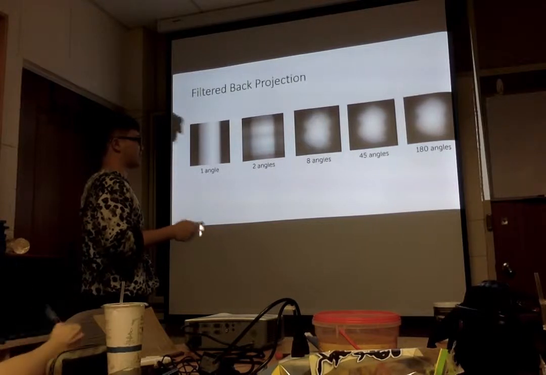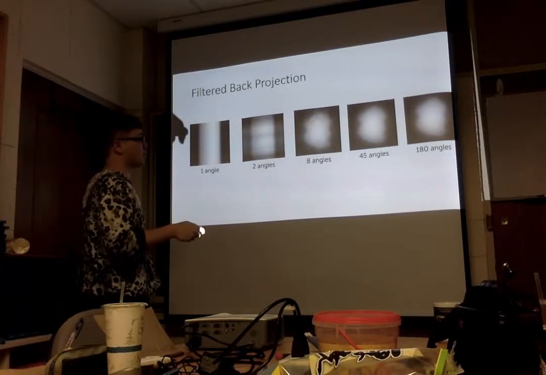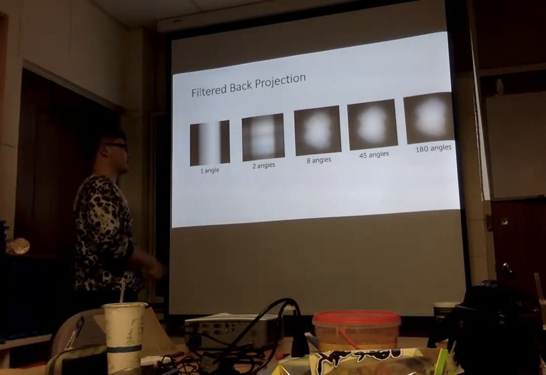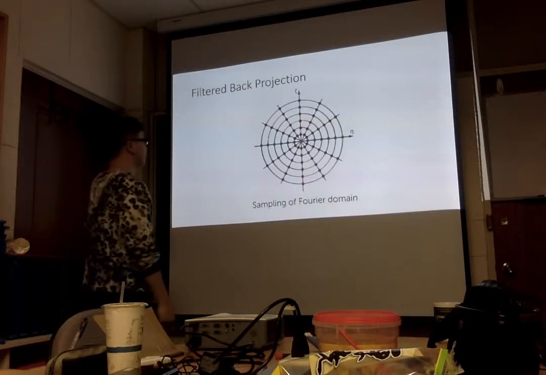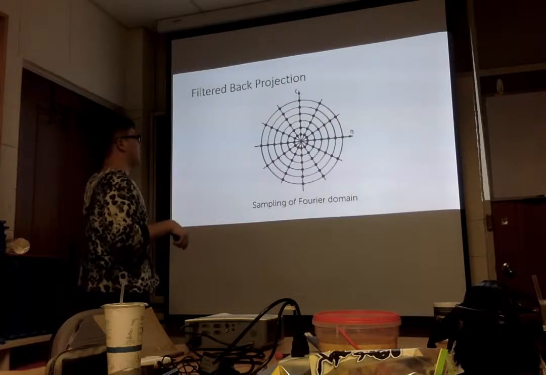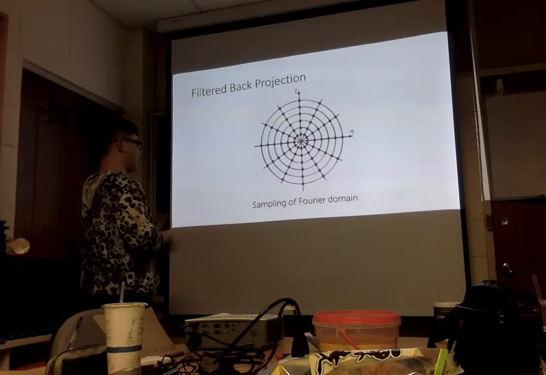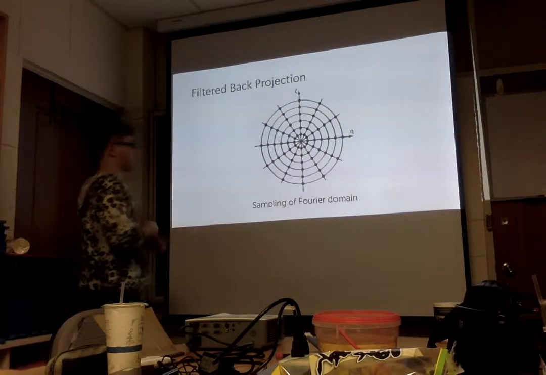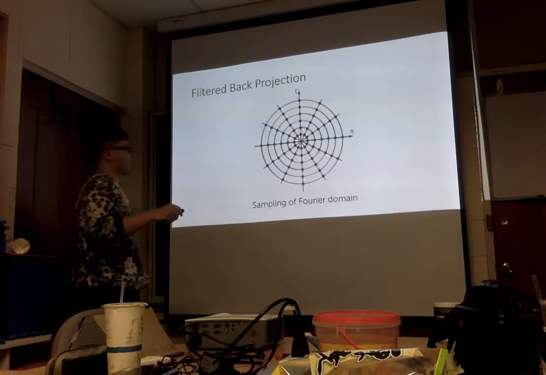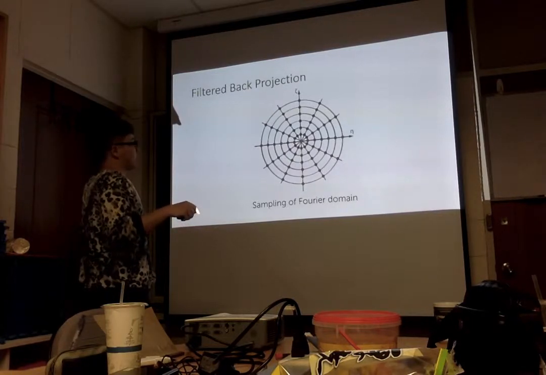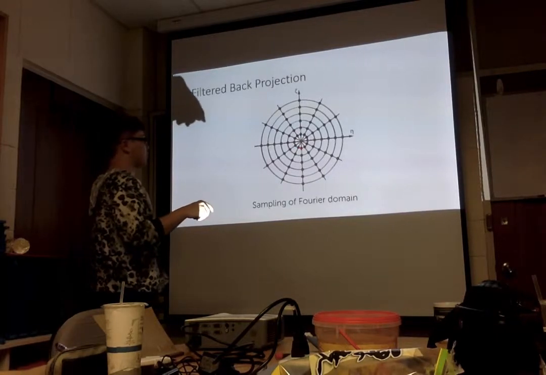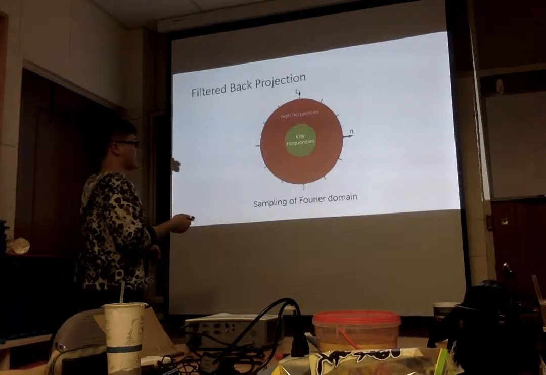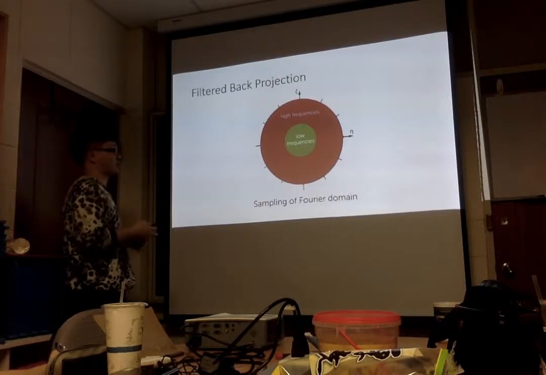With more and more angles, we'll see the sample structure, but this is not enough. It's blurry. Why is this blurry? There is a reason. This is the 2D Fourier transform, because our sample is 2D. The region close to the origin is low frequency, and outside is high frequency.